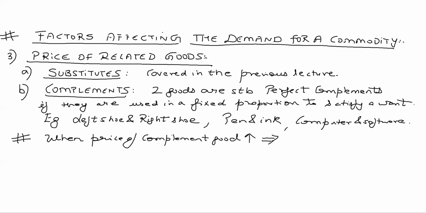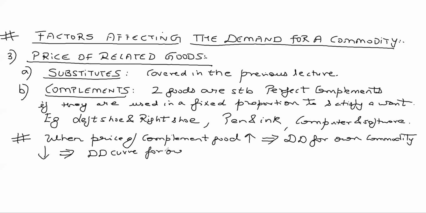So when price of complement good goes up, demand for own commodity will fall, which implies the demand curve for own commodity will shift to the left. If the complement good becomes more expensive, you will start demanding less of the own commodity. As a result, the demand curve will shift to the left.